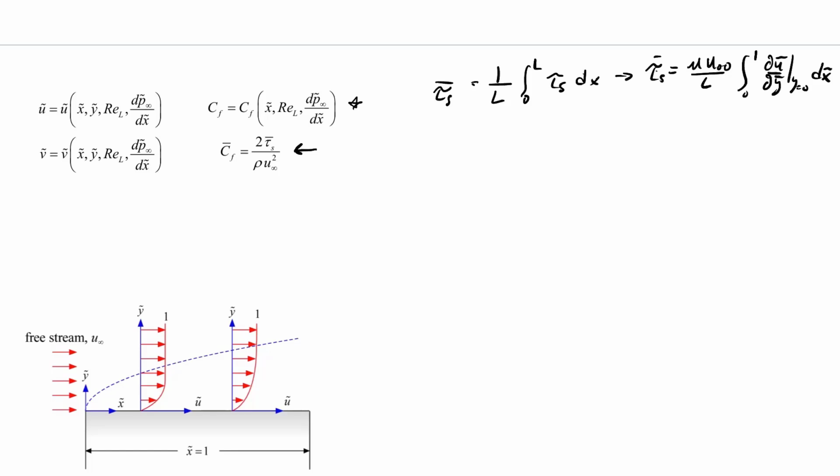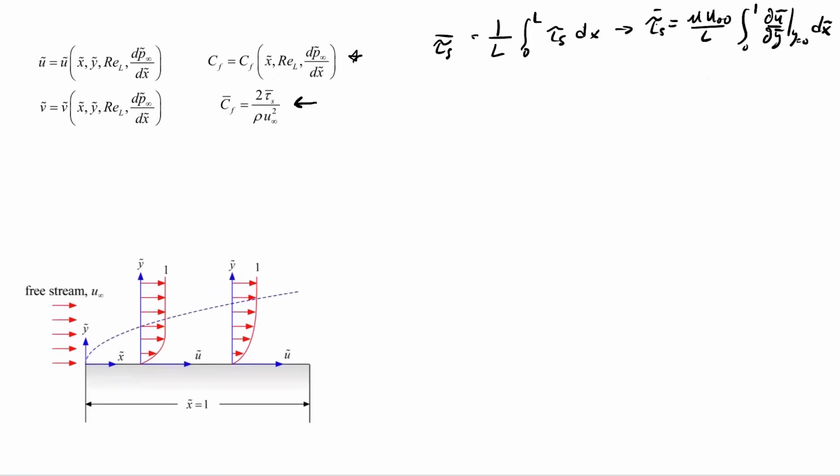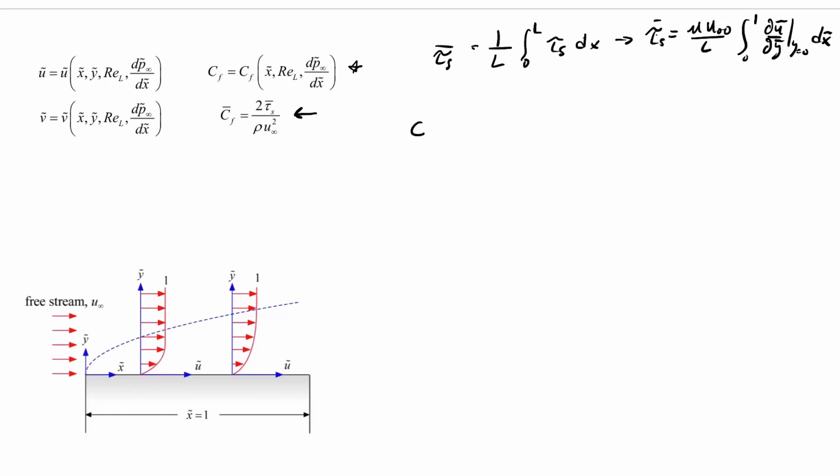All right, continuing on, we can write our coefficient of friction, C bar F, as 2 over rho u infinity squared times mu u infinity over L times our integral 0 to 1 of du tilde dy tilde at y equals 0, so y tilde equals 0, times dx.